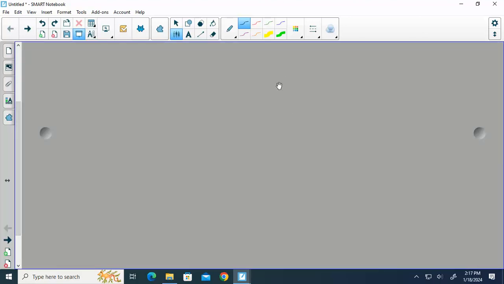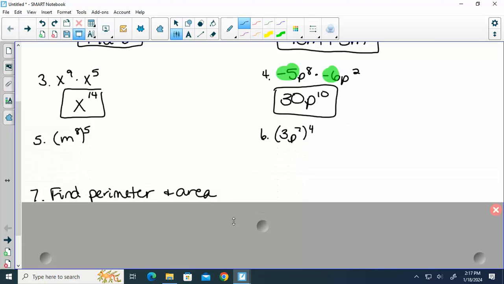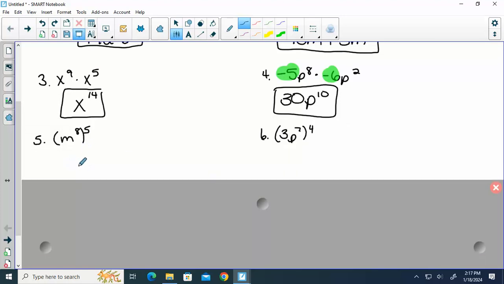Number 5. When there is a power to a power, what do you do with those exponents? Multiply. So this becomes m to the, oh sorry, that's an 8. 8 times 5, so 40. And the last one.